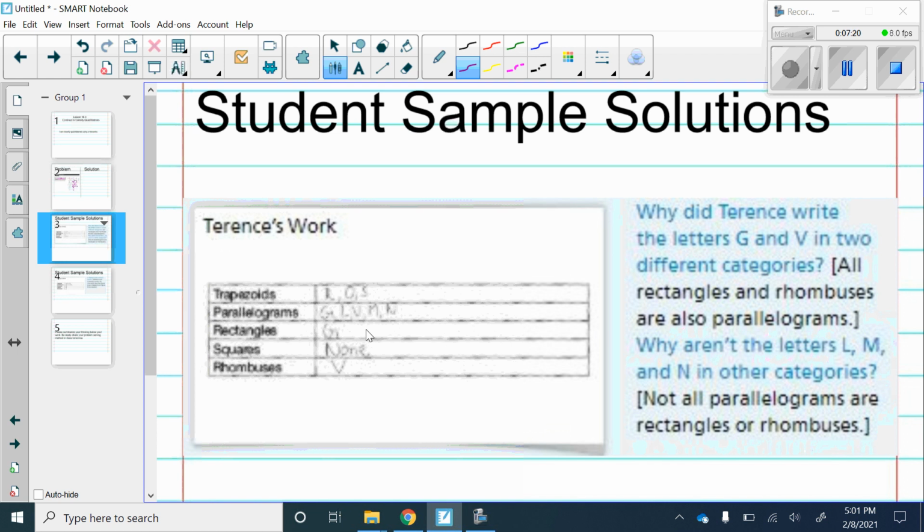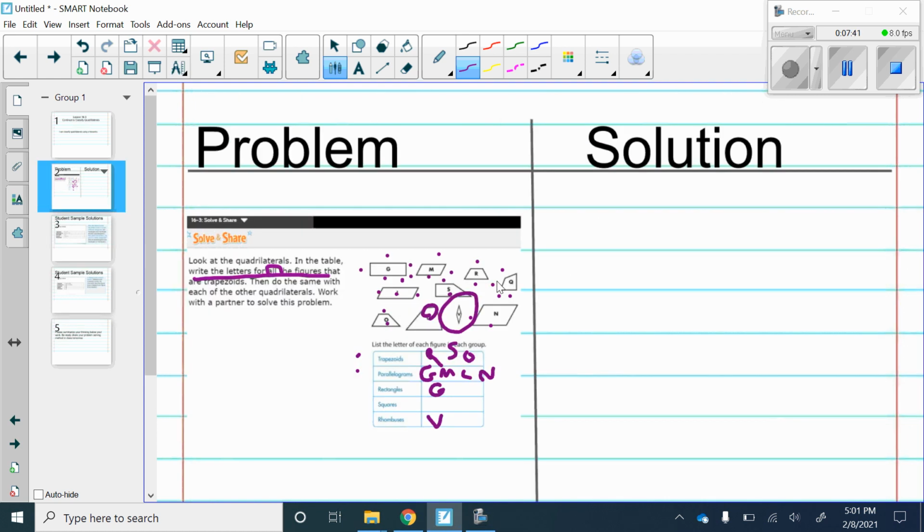They have two sets of parallel lines, and then they also have two sets of the same angles. The next question asks, why are the letters L, M, and N in other categories? If you want to go back to the first slide, L, M, and N are not in any other categories like a rhombus, because remember, a rhombus has to have all equal sides like a square does.